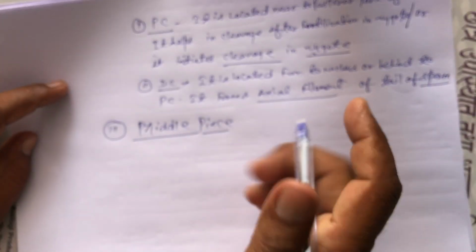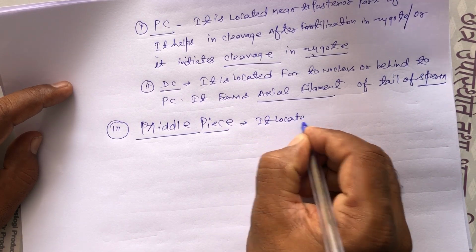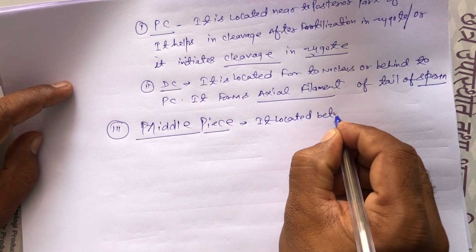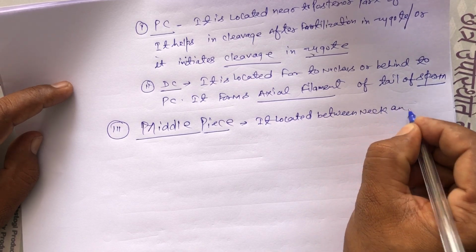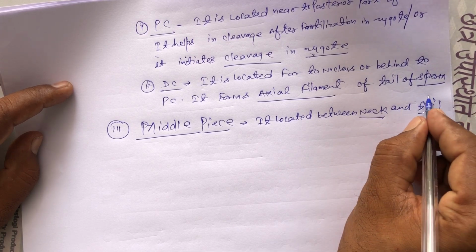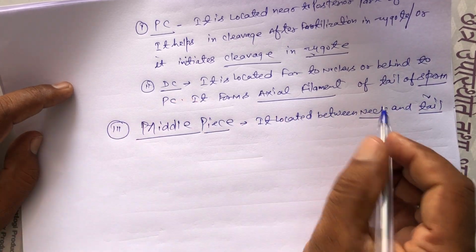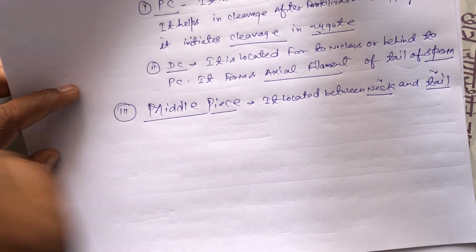So once again, the third part, the middle piece, is located between the neck and the tail. It is a narrow and small part of the sperm.